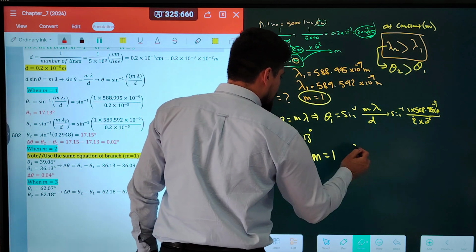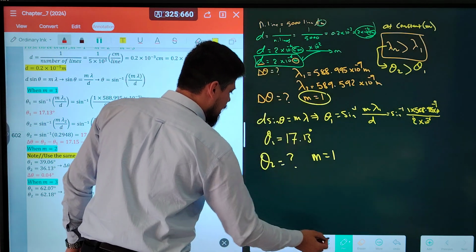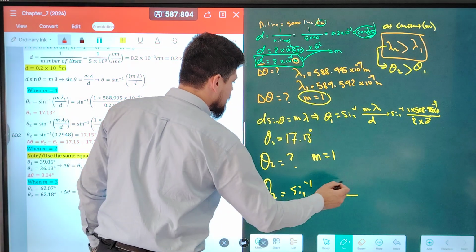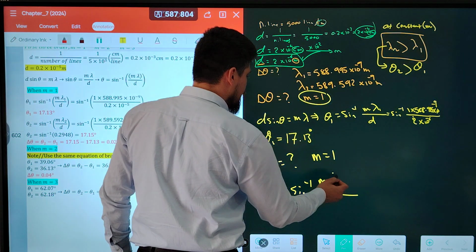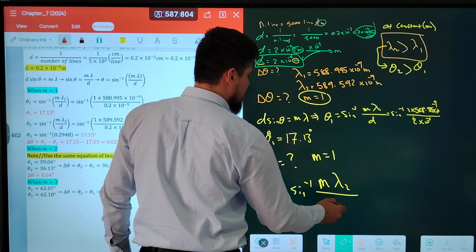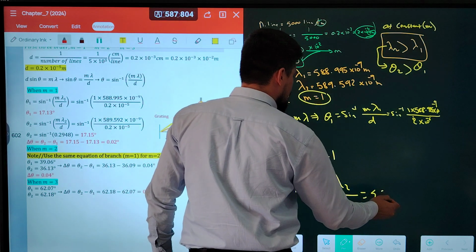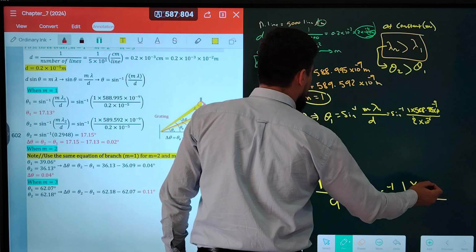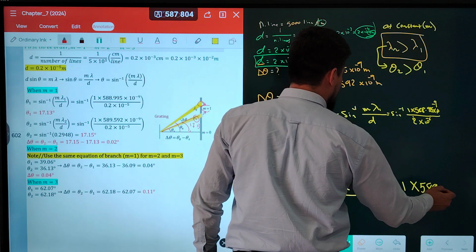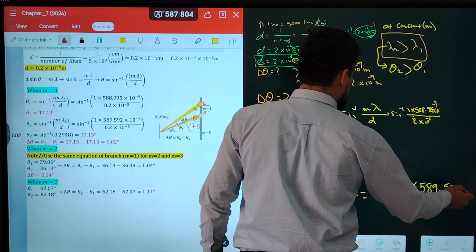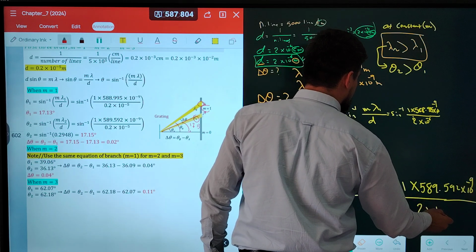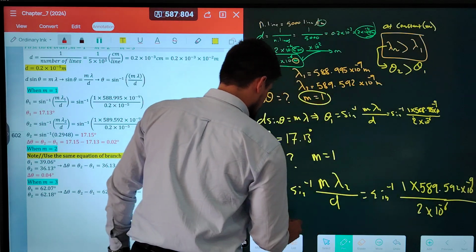For the second angle of diffraction, theta is equal to sine inverse of m, which lambda? The second lambda over d. Sine inverse, m still 1, lambda 2 is equal to 589.592 times 10 to the power negative 9 over 2 times 10 to the power negative 6.